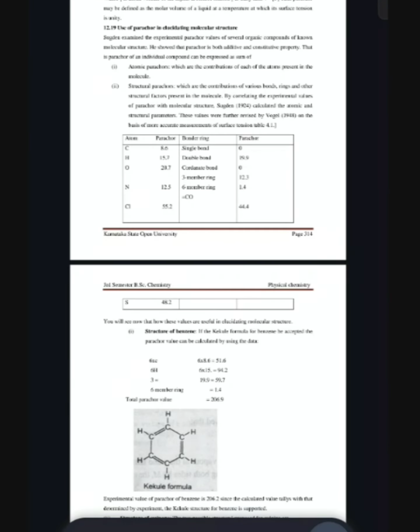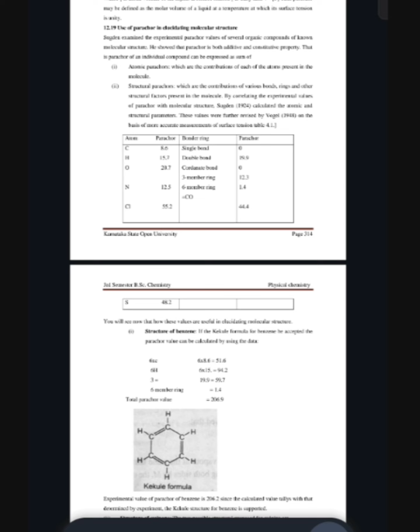With respect to unit 11, the important questions that come are: define distribution law, explain Nernst distribution law, and the limitations of distribution law.